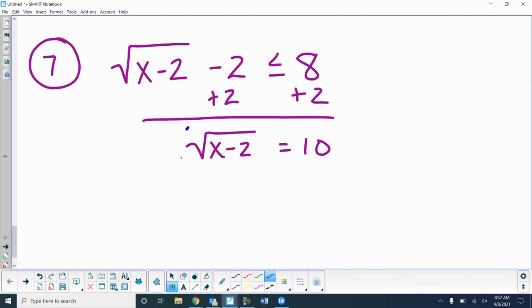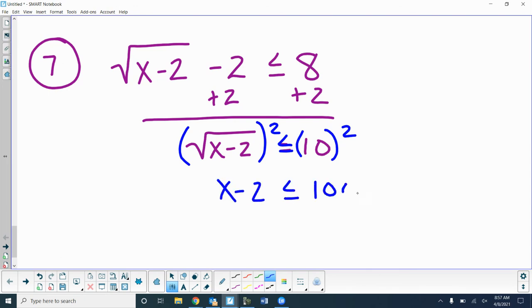So then we'll square both sides now. So we get x minus 2 less than or equal to 100. So then we add the 2 and we get 102.